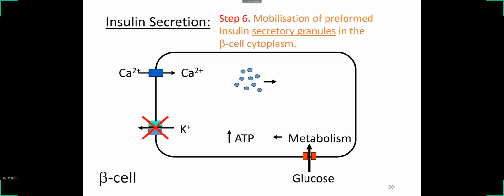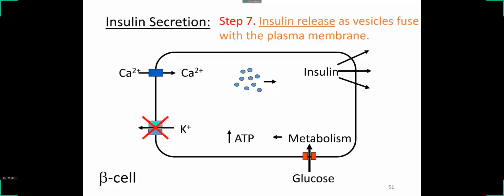And this is due in large part to calcium-sensitive proteins, which are responsible for vesicle trafficking and vesicle fusion and vesicle formation. Insulin then gets released as vesicles fuse with the plasma membrane.